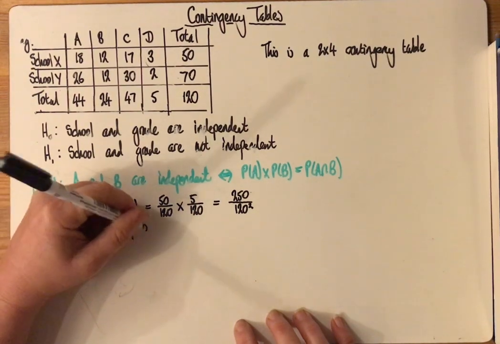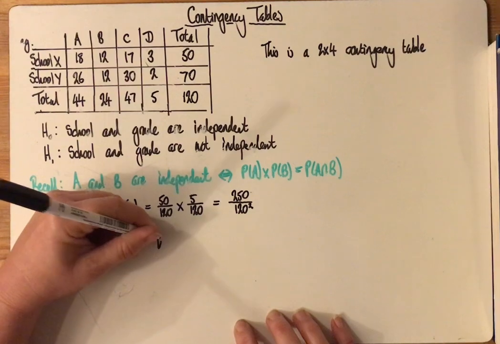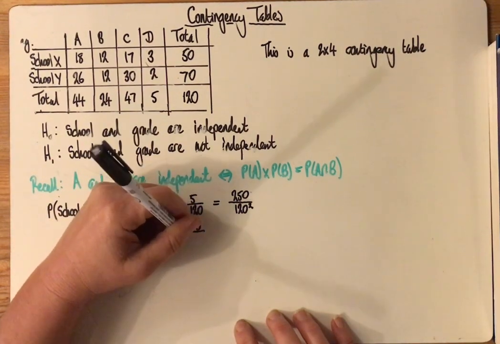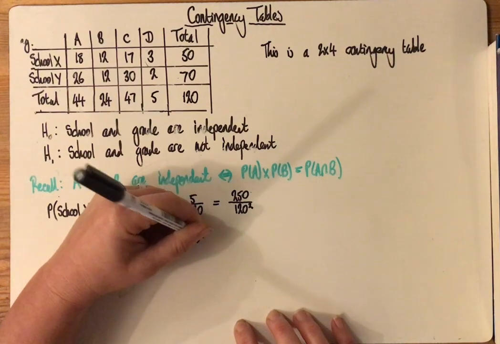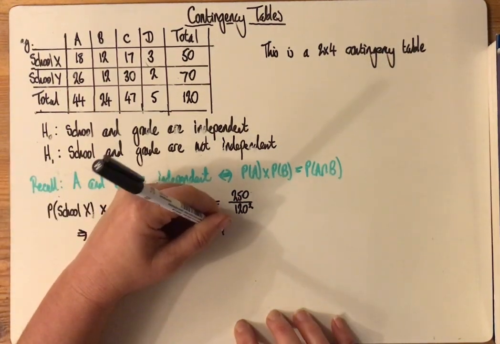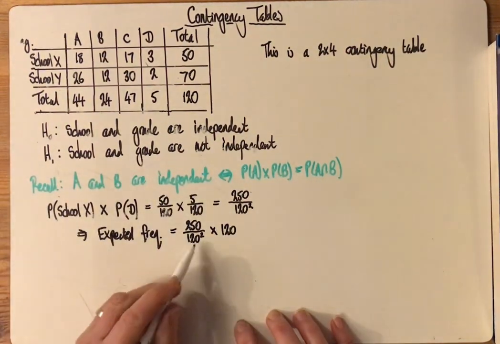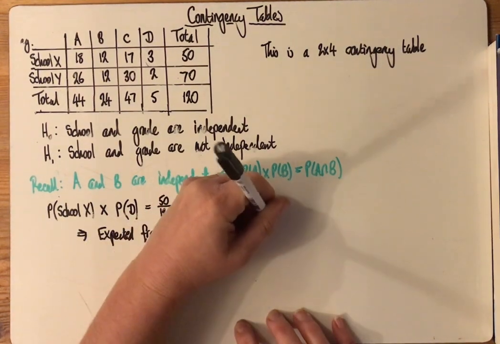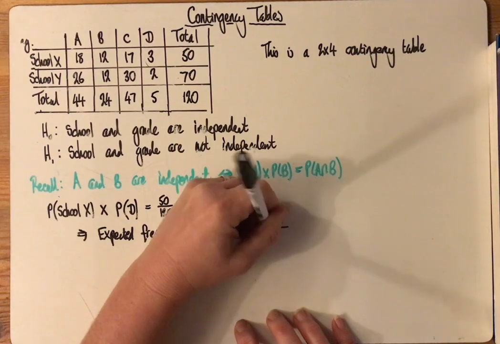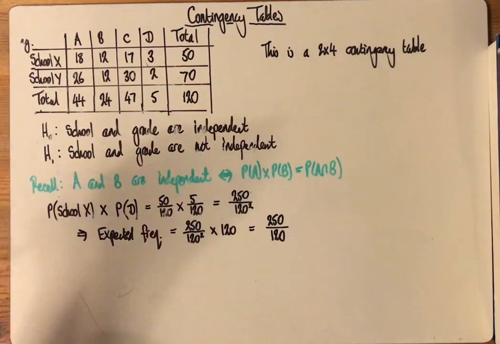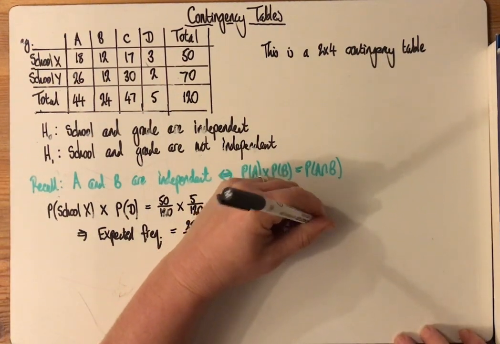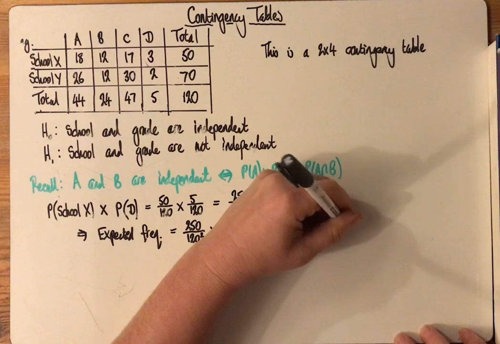And so the expected frequency for this one here is equal to 250 over 120 squared times by the total. So this is going to cancel here, and we end up with 250 over 120, which is 2.08, which is less than 5.